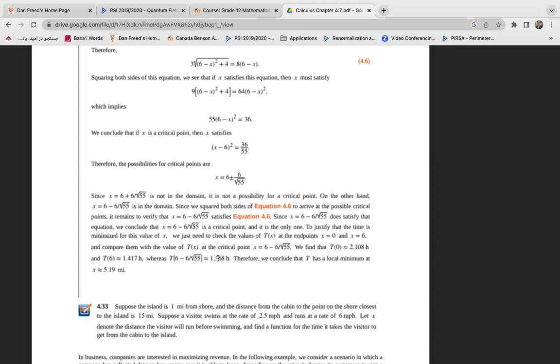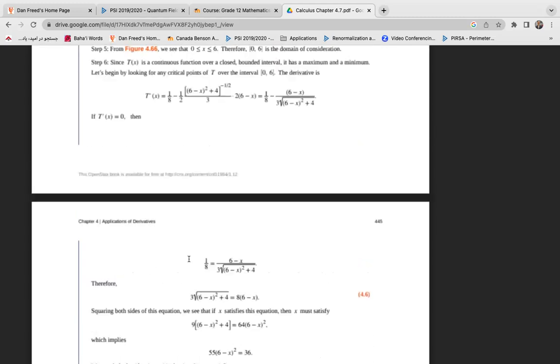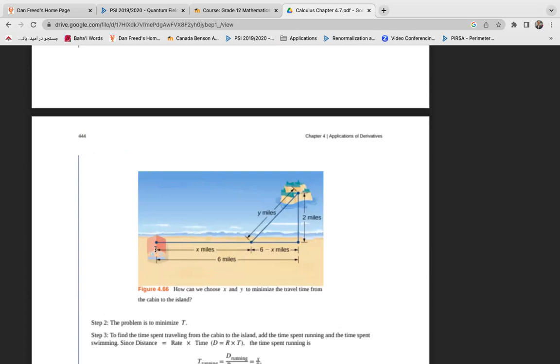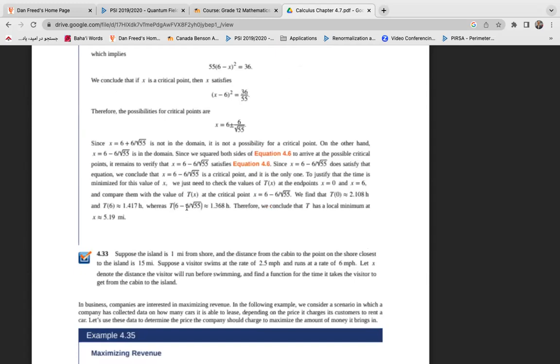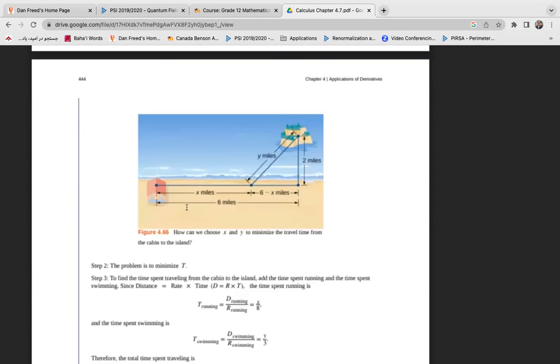You have three values, T of 0, T of 6, and T of 6 minus 6 over root 55. The smallest value is the last one. So that means the best path to reach the island is to first run a little bit, this distance 6 minus 6 over root 55, and then swim. Is that clear?